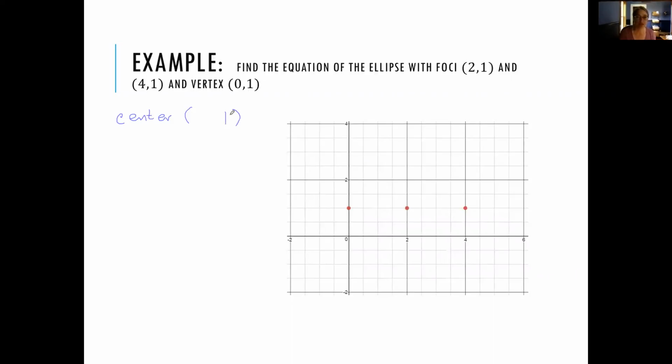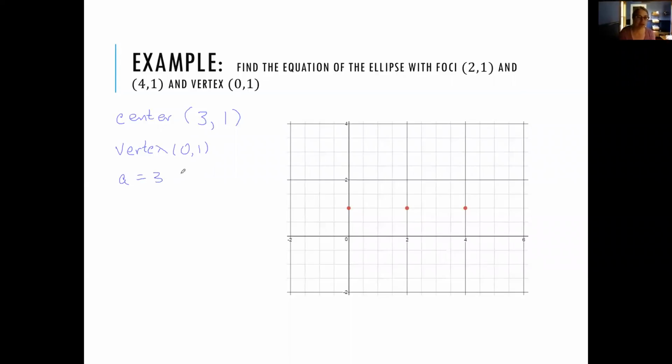But its x coordinate is going to be halfway between 2 and 4, which means 3. Okay? Now, I have a vertex at (0, 1). That is 3 units to the left of my center. So I know now that a equals 3.